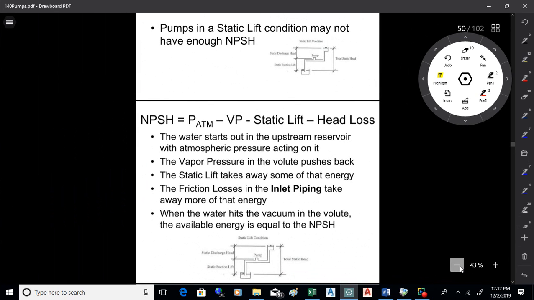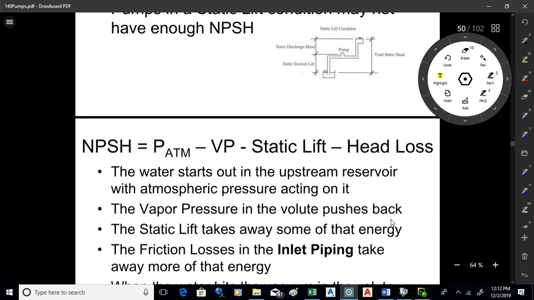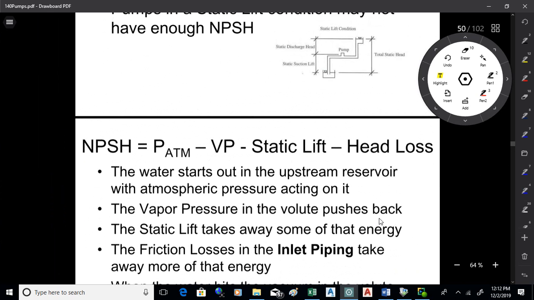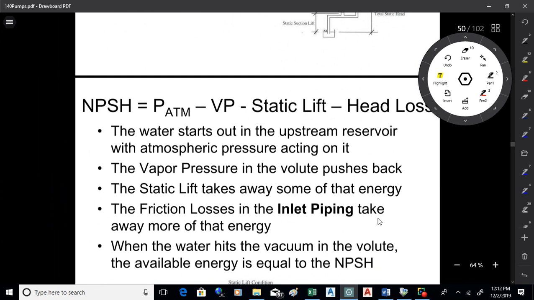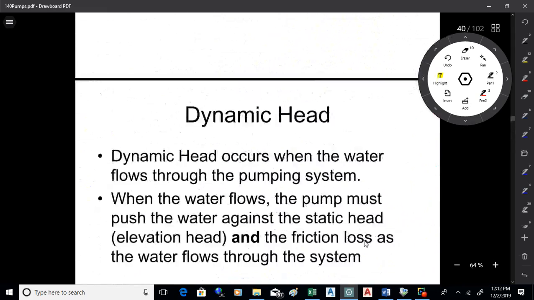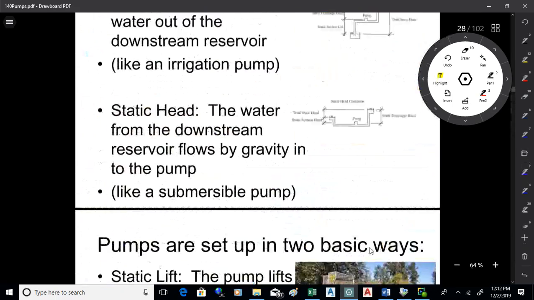To figure out how much energy you've got, you take the amount of energy you start with. Let's remember how this works when you pump water. You start to spin the impeller, and that throws all the air out of the volute. So right at the center of the volute, you've got a vacuum.